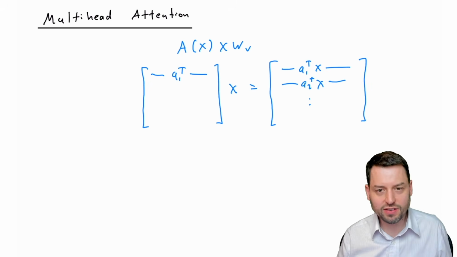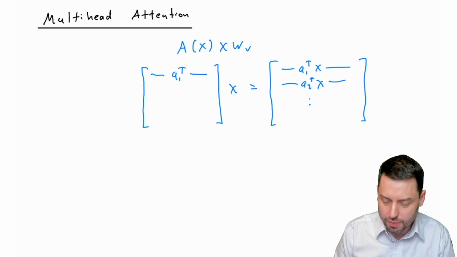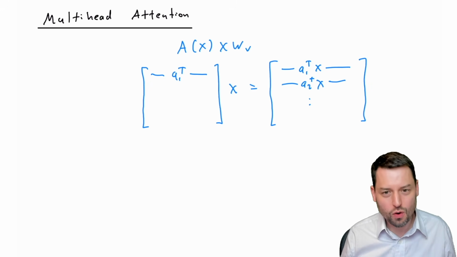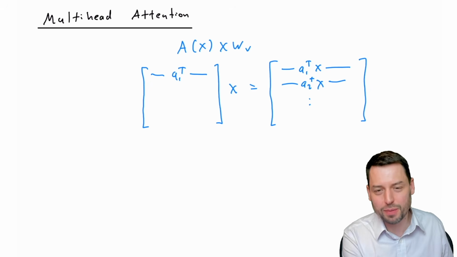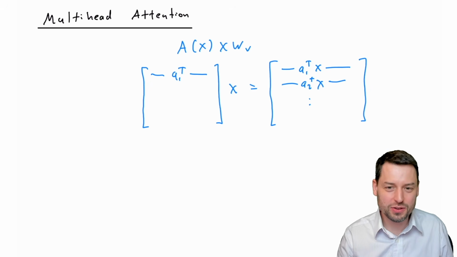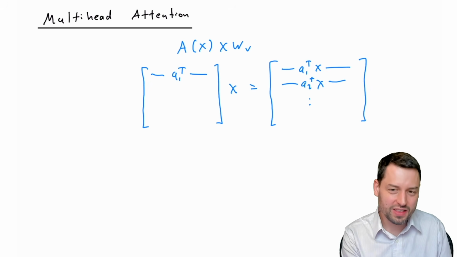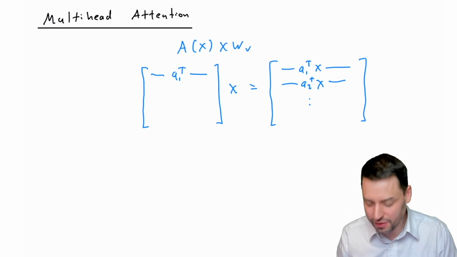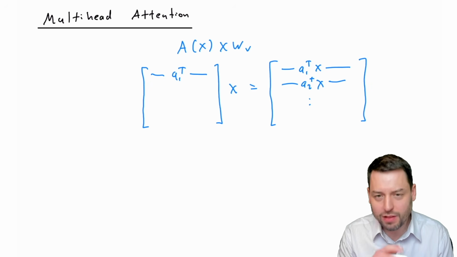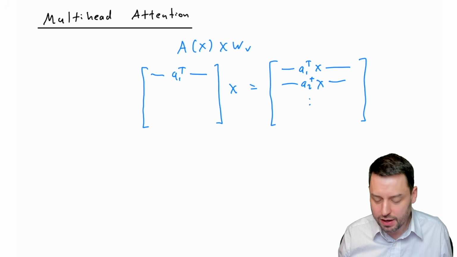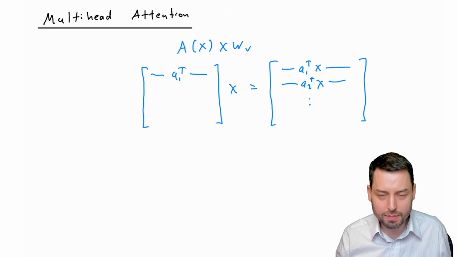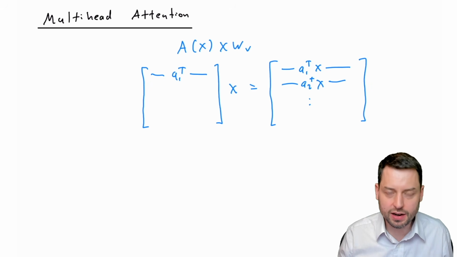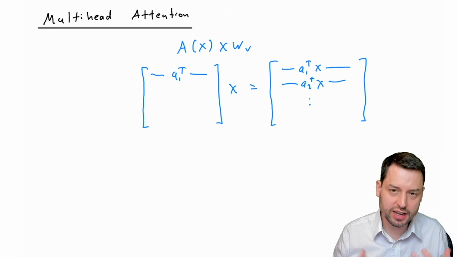So we're using the same mixing coefficients over this whole matrix X. And while that's conceptually fine, or put another way, there's one single soft lookup table that you're applying to the entire query, the entire key, and then all the values. While that's fine, it does wind up being the case that this is not very representationally expressive.